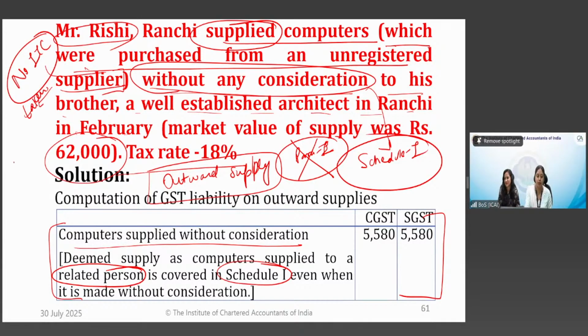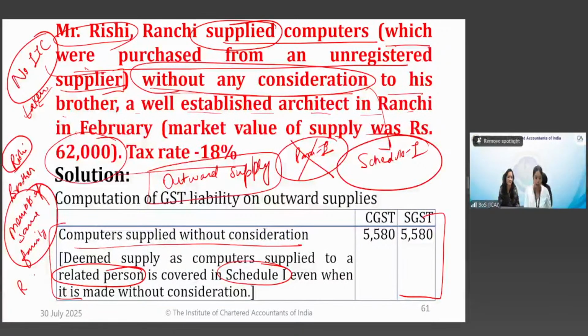Now Swati will tell you the definition of family. Mr. Rishi के brother, उनकी same family के member नहीं हैं. He is not a member of the same family. Definition of related person tells us that members of the same family are considered related persons. But here they are not members of the same family, so that means we have to go to the definition of family. यहाँ family की definition में ही कोई catch है जो शायद हम miss कर रहे हैं. Now you must be thinking कि brother है तो brother तो same family का हुआ है.